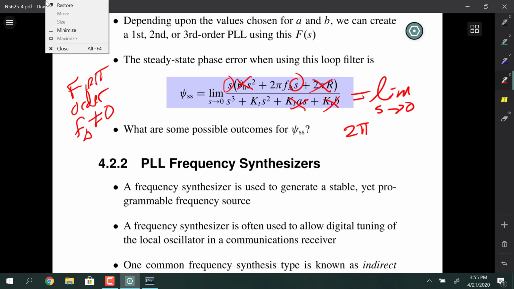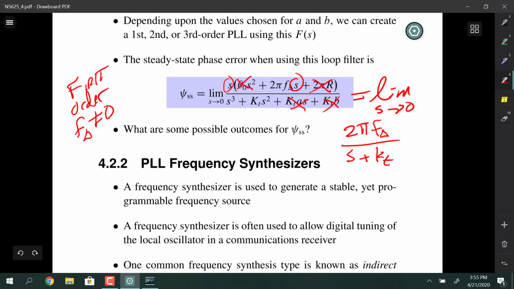So we're going to have 2 pi f delta, and we're going to have s plus kt, take that limit, it's going to be 2 pi f delta over kt. And we saw this earlier, this is the steady state phase error in a first order loop when a frequency step is applied.